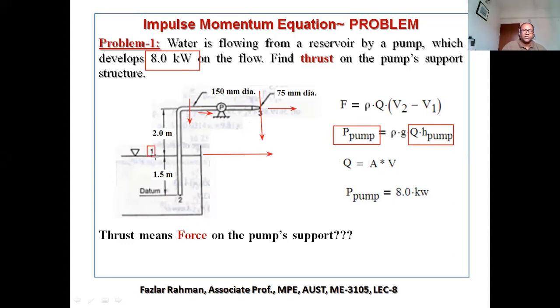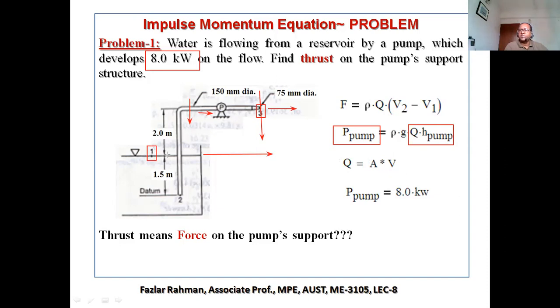If we apply the boundary condition at point 1 and point 3, then how much pressure is at point 1? Obviously atmospheric pressure. How much pressure at point 3 where the fluid is coming out? Again atmospheric pressure. Then velocity at point 1 I can say is 0, because if you maintain the water tank height constant, then it has to be 0 velocity.